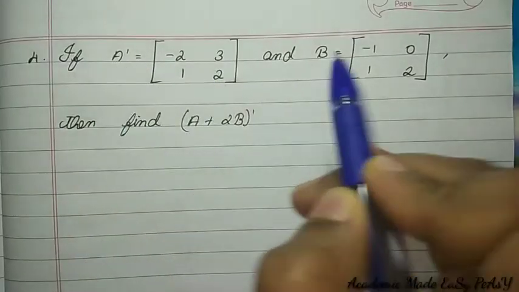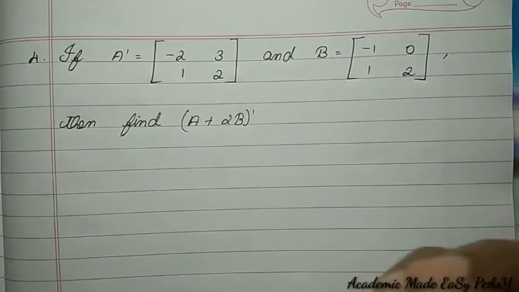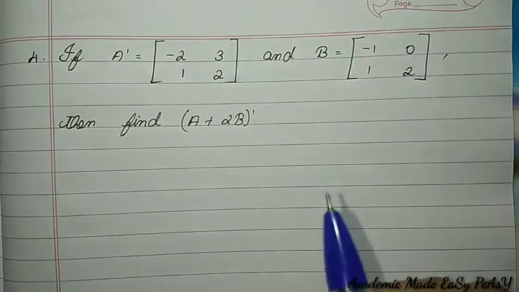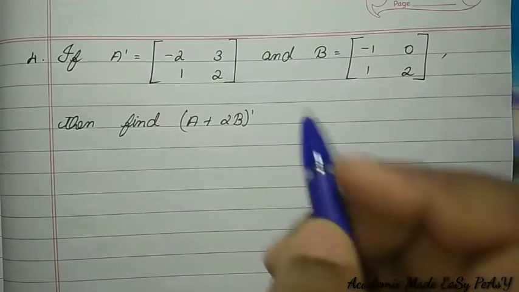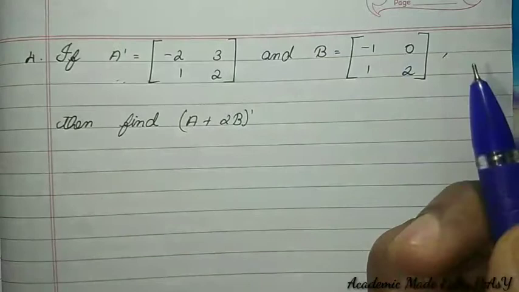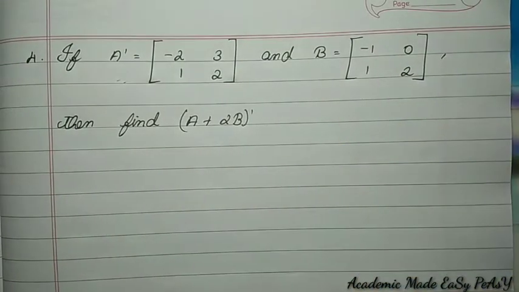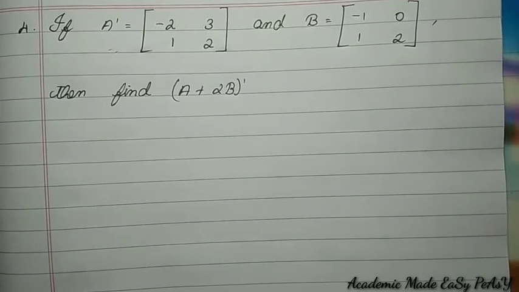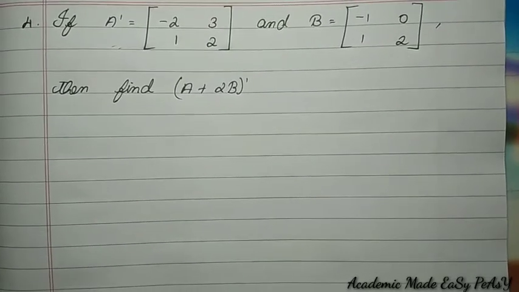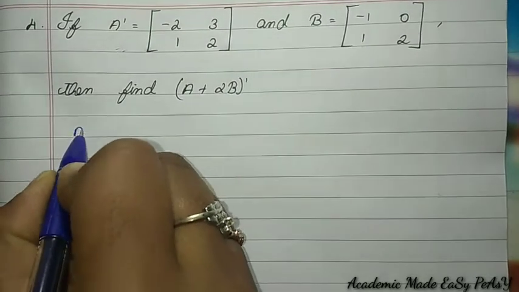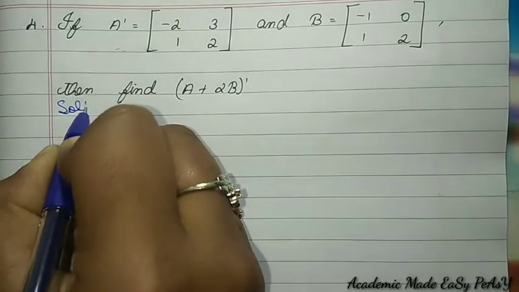If A transpose and B matrix is given, we have to find A plus 2B the whole transpose. So here also A transpose only is given. So A is not directly given. So I will be finding A first. Then we will move on to the question. So solution.